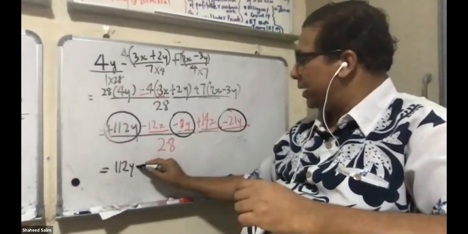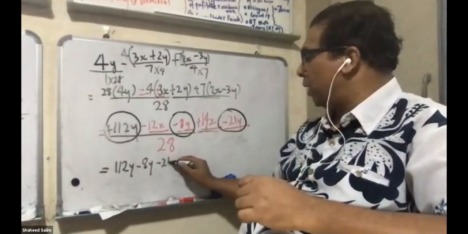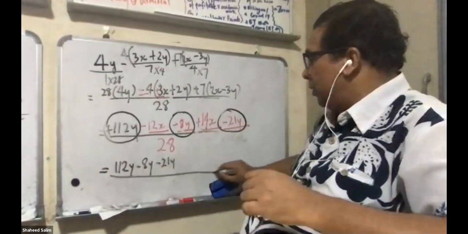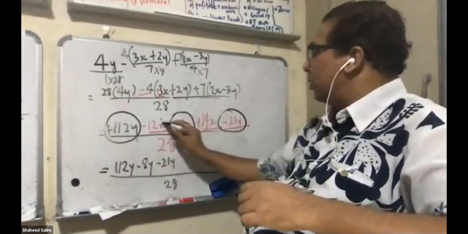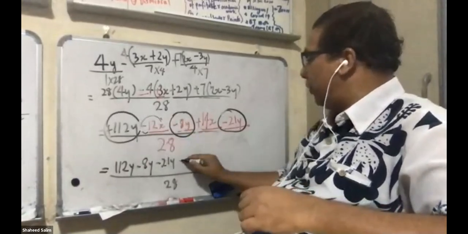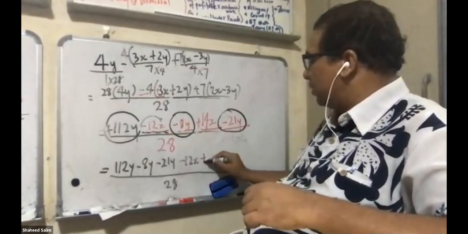112y minus 8y. I do a little bit long, never mind. Minus 21y. I can use my calculator now, right? And then, okay lah, you minus 12x. You see, down here is minus 12x plus 14x.